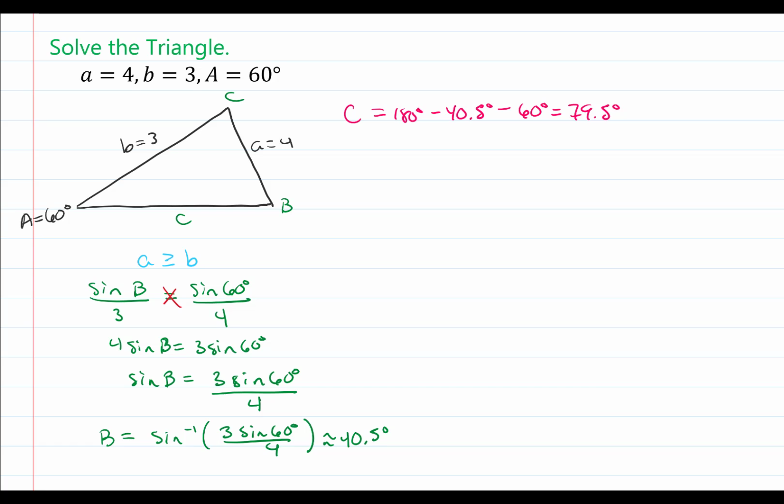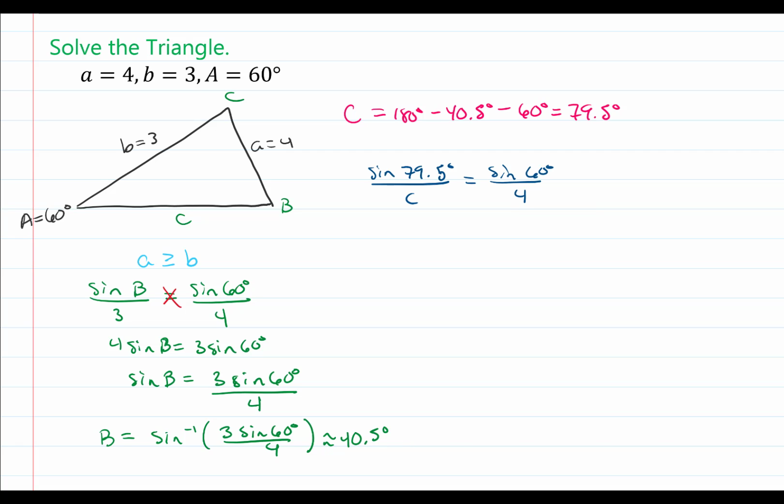The last piece of information we need to solve for is side C. We're again going to go back to the law of sines. So we'll have sine of 79.5 degrees over side C, which is equal to, and I'm going to choose angle A and side A because both of them are known and exact, sine of 60 degrees over the value of 4.